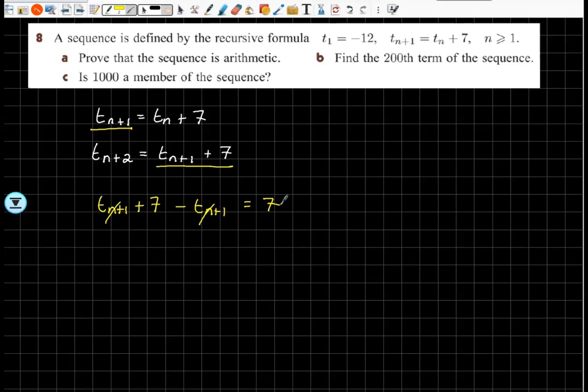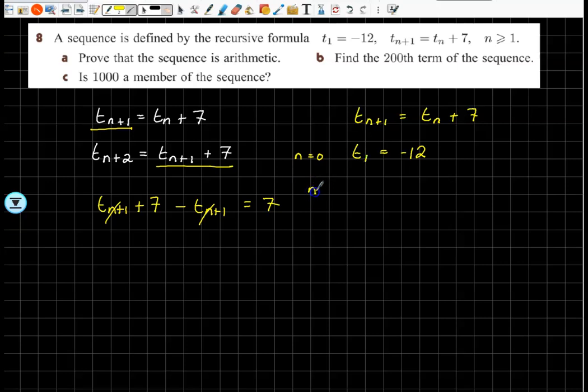How do we work out the process of recursives? This is not what this question is asking, but I'm just showing you what's going on. So if we were to find T1, they've told us that that is minus 12. So that's basically when n equals 0, because 0 plus 1 gives you the 1. Agreed?